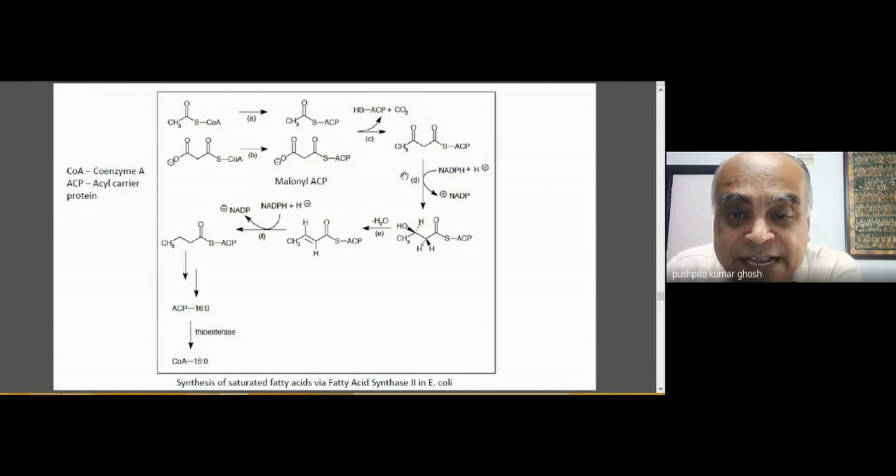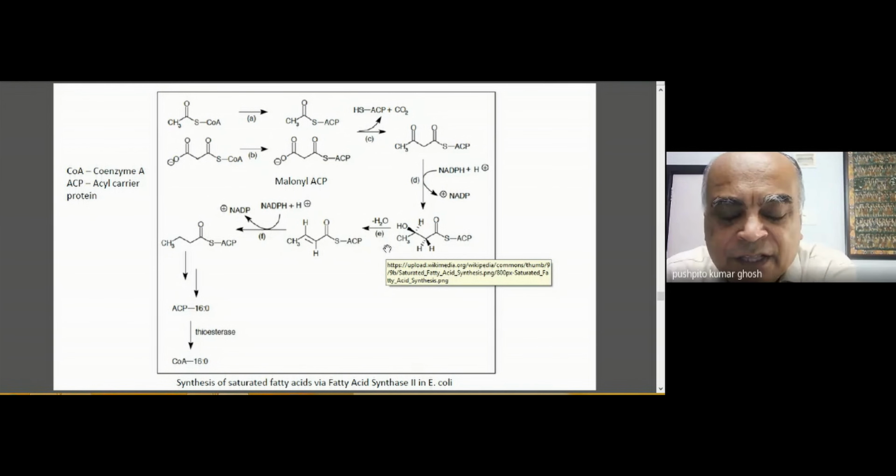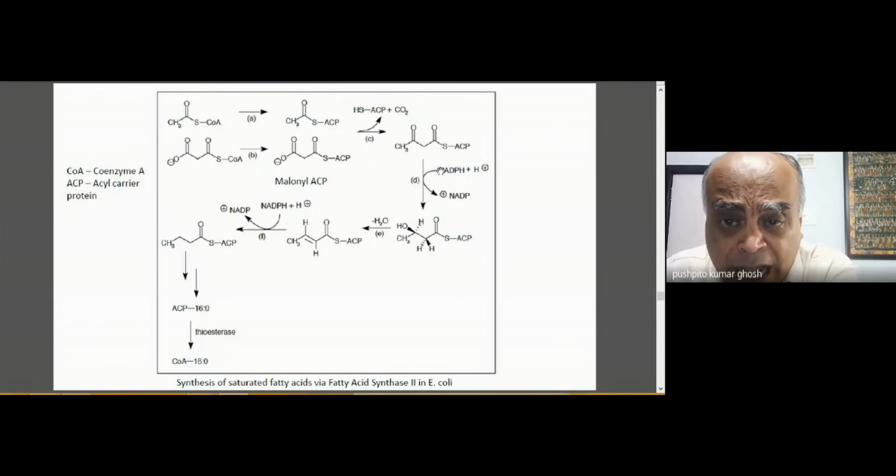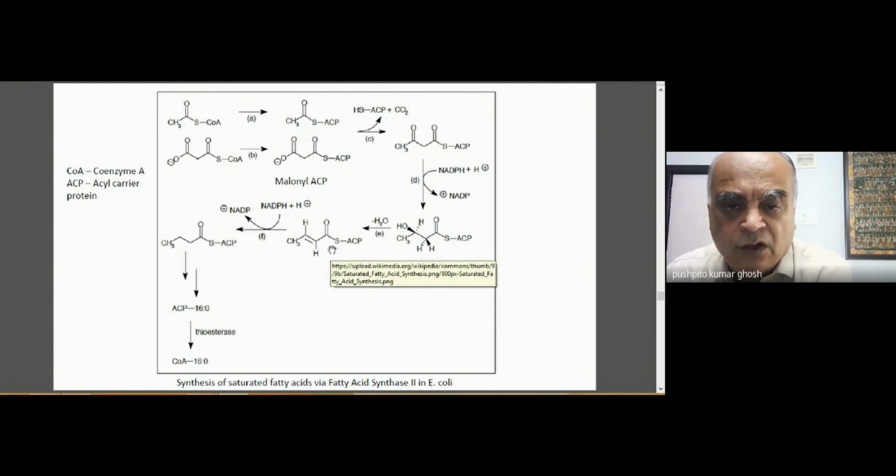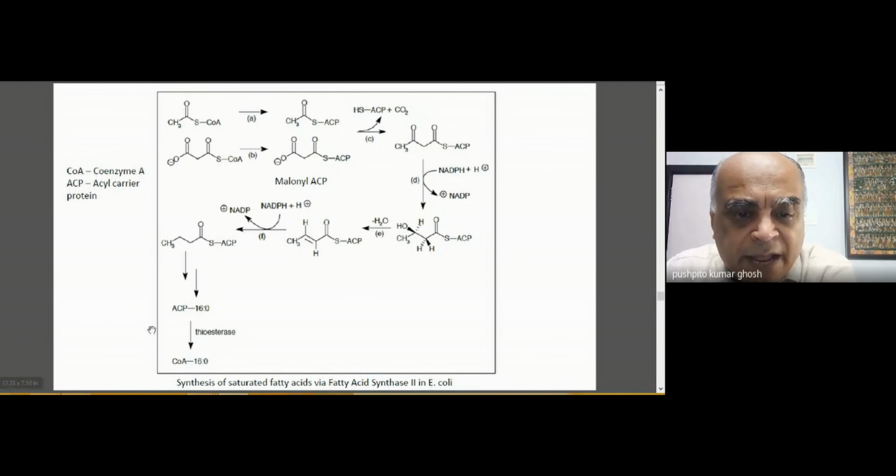Each time I'm increasing the carbons by 2, and each time I'm requiring 2 NADPH, one to reduce carbonyl to OH, and the other to reduce olefin to saturated. That's effectively what I am doing over here.